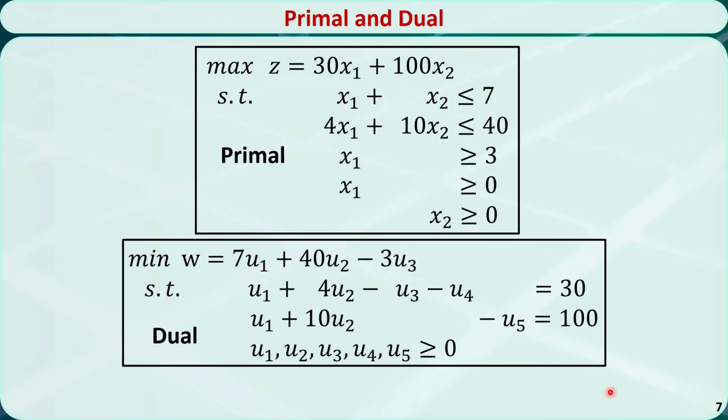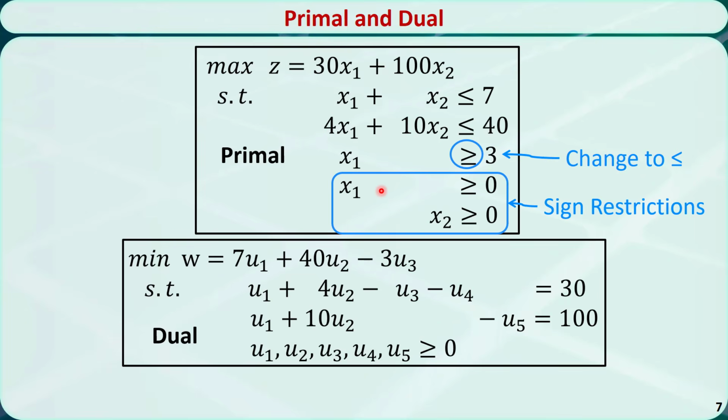Therefore, for this original primal problem, we can formulate a corresponding dual problem. We want to make some changes to the primal, and the dual will be in the standard form. For the primal, we want to change this to a less than or equal to sign by multiplying negative 1 on both sides. These two are sign restrictions. They can be written in a compact form.